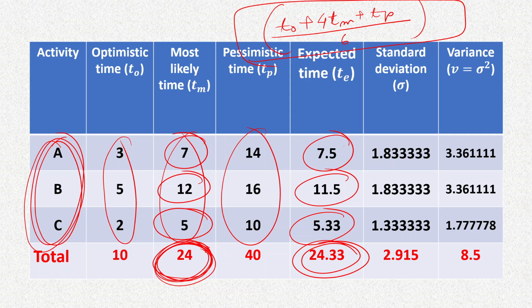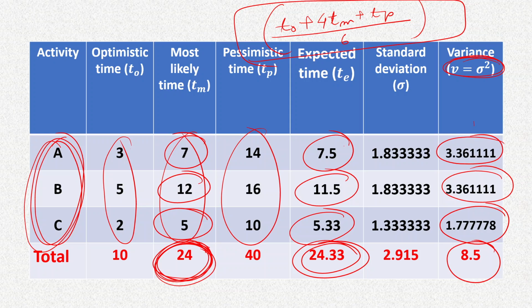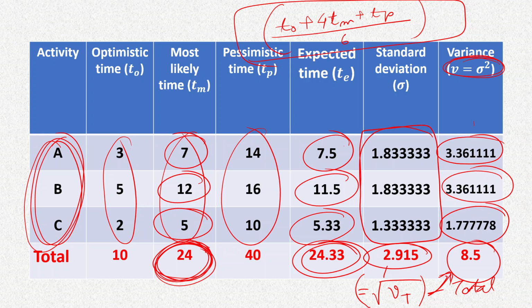Then in this project, in these columns, what we are doing is we have calculated these variances as the square of the standard deviations, and this is the total variance, and this standard deviation is equal to the square root of the total variance, that is this value, and it is not the sum of the individual standard deviations. Please remember this very carefully.